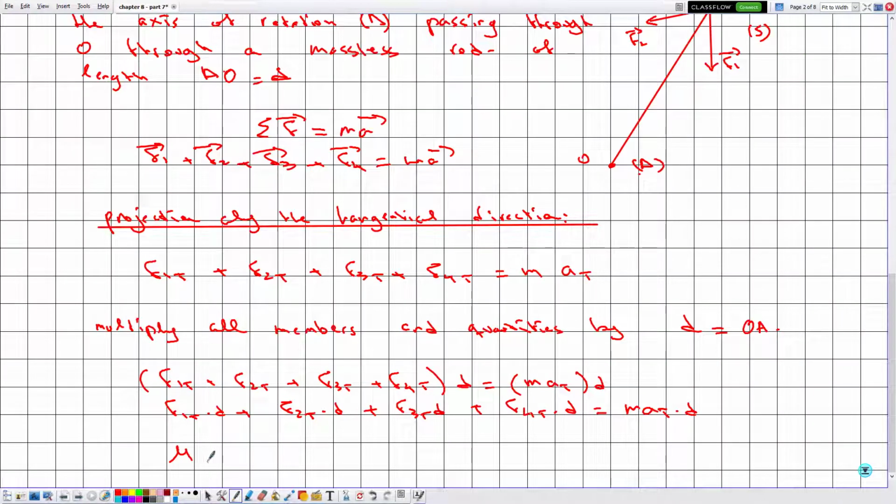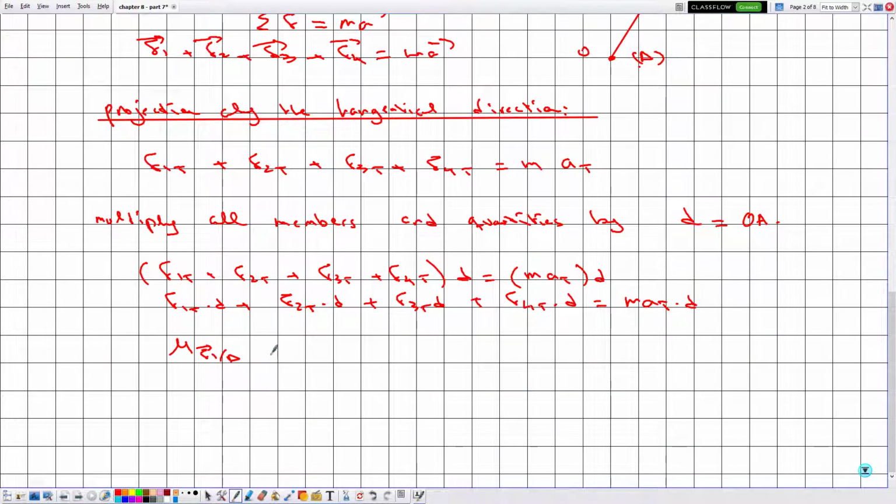It is the moment of the force F1 along the axis delta plus the moment of the force F2 around the axis delta plus the moment of the force F3 around the axis delta plus the moment of the force F4 along the axis delta, which is equal to MA tangential multiplied by the distance D. So this is given by the sum of moments around the axis delta is equal to MA tangential multiplied by D.